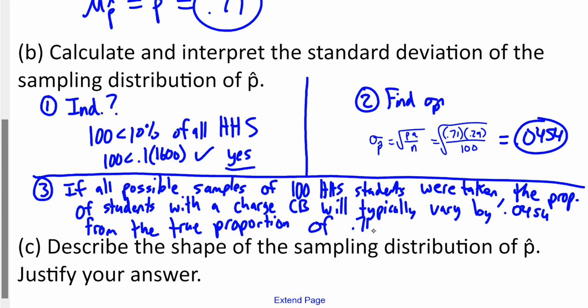Okay? So that's combining some ways that we've interpreted in the past. In this case, we're looking for all possible samples of 100 Hamilton High School students.